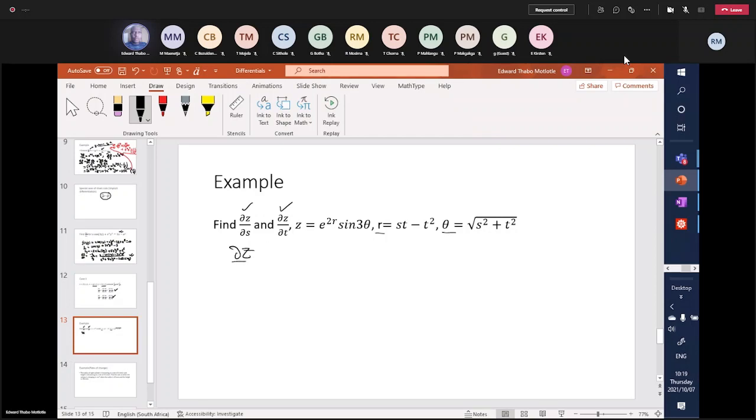dz/ds will be equal to, we differentiate z partially with respect to s. Does it contain s? Yes, because you have to substitute theta here. So basically z contains s. You have to substitute it first here and solve. Okay, let me write the formula first. It's confusing me.